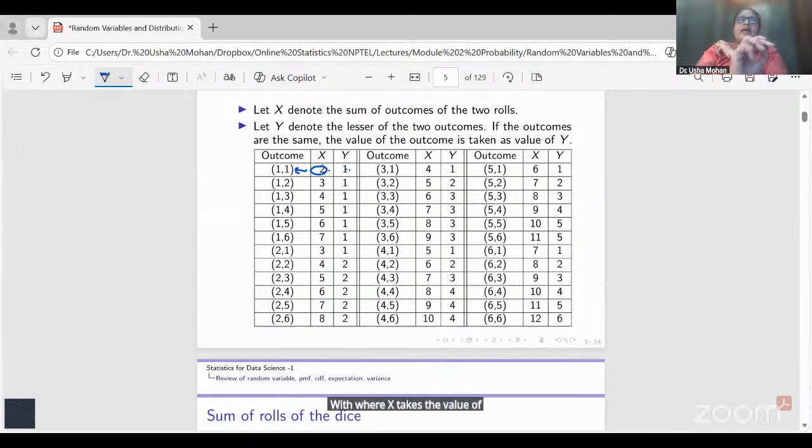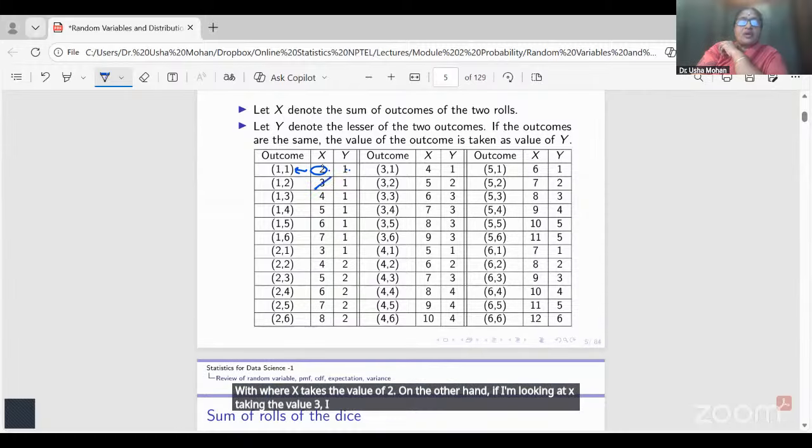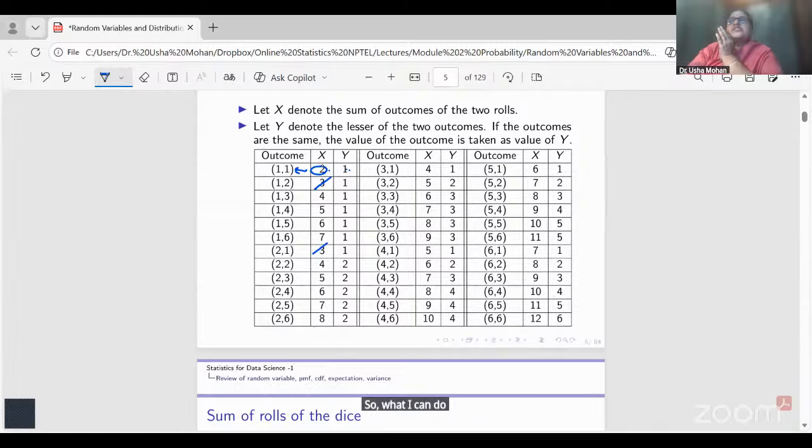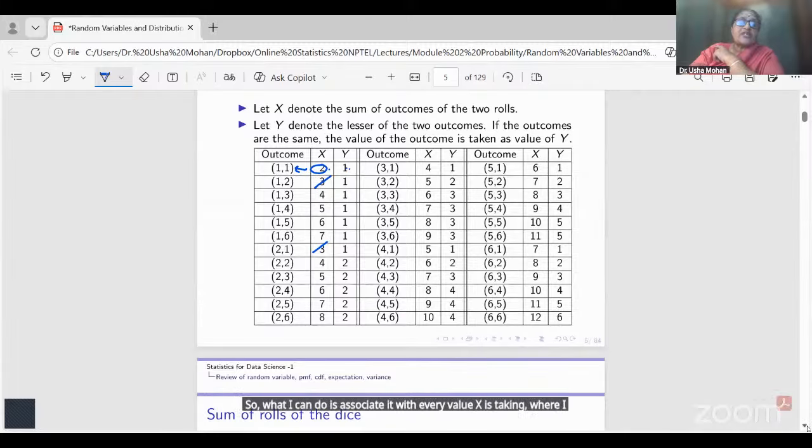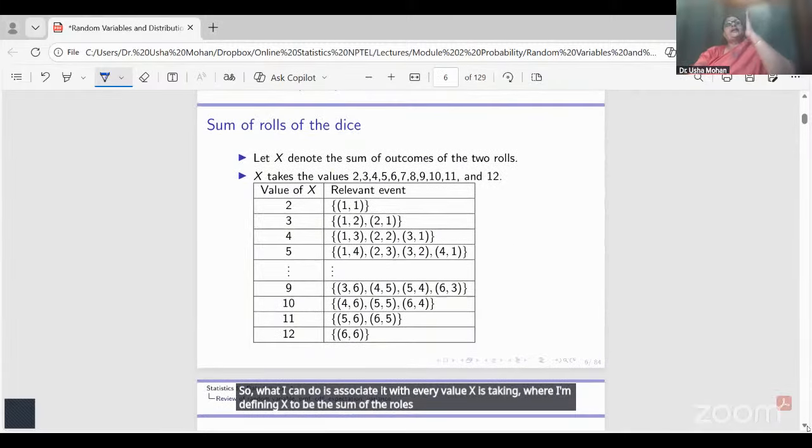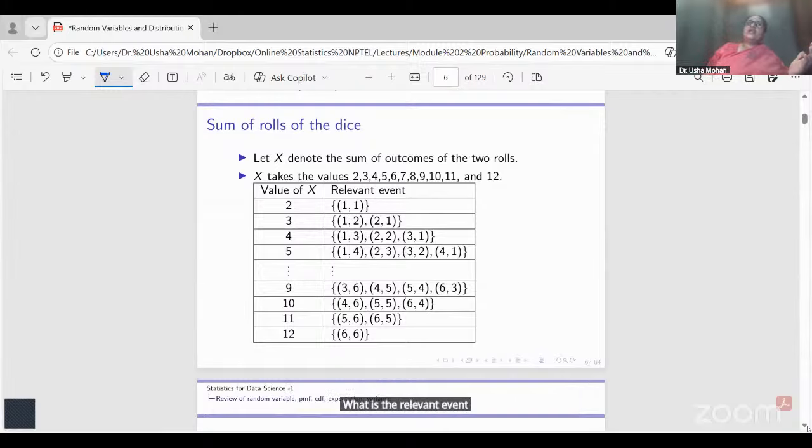On the other hand, if I'm looking at x taking the value 3, I have this outcome and I have this outcome. So associated with every value x is taking, where I'm defining x to be the sum of the rows, I can map the relevant event to the value of the random variable. Till here, is it clear?